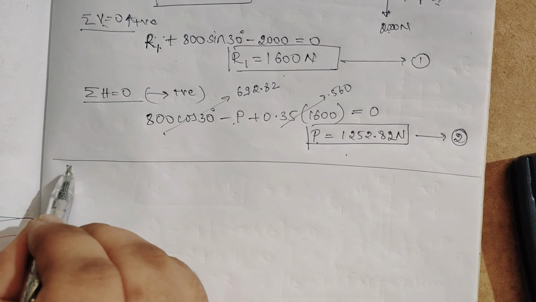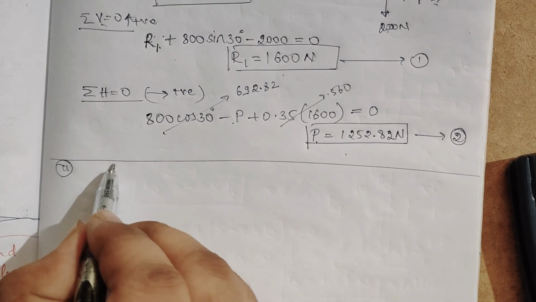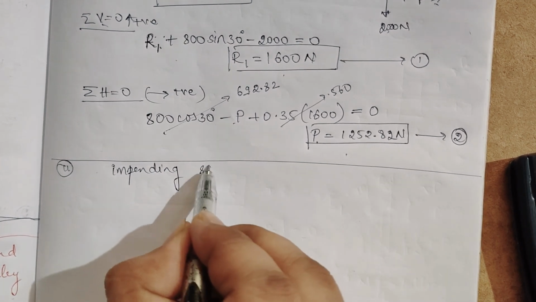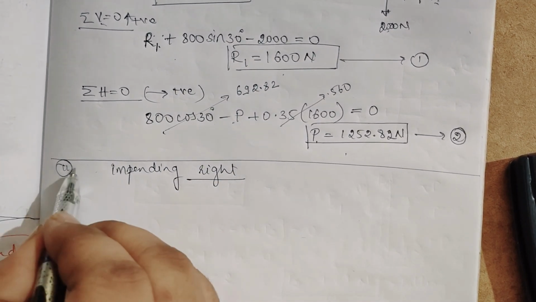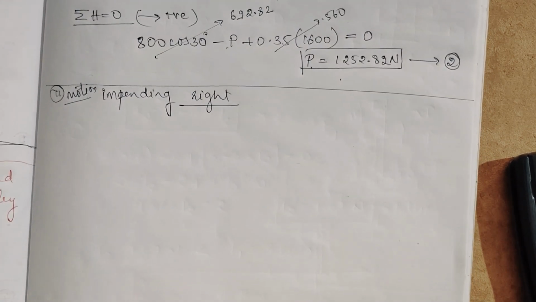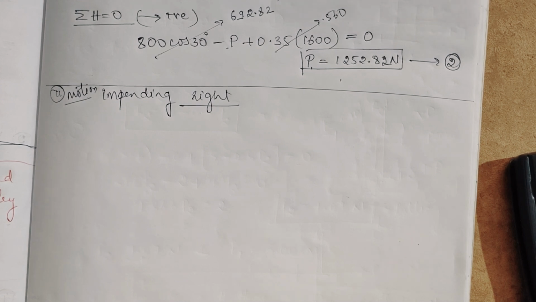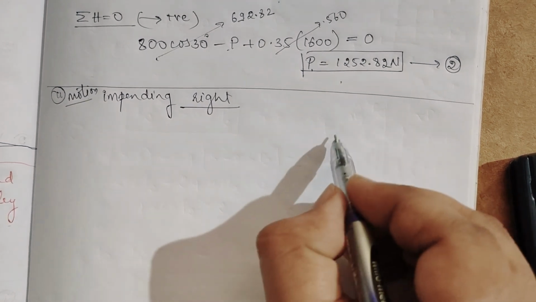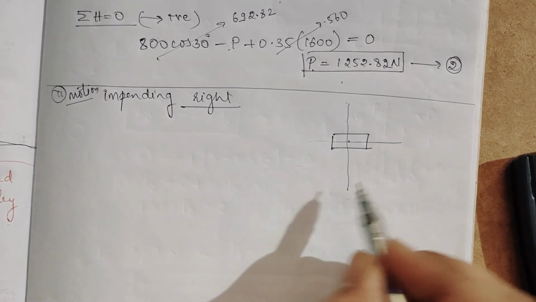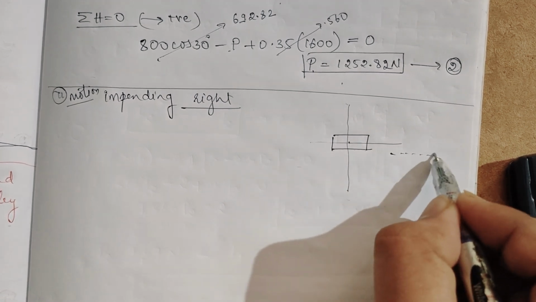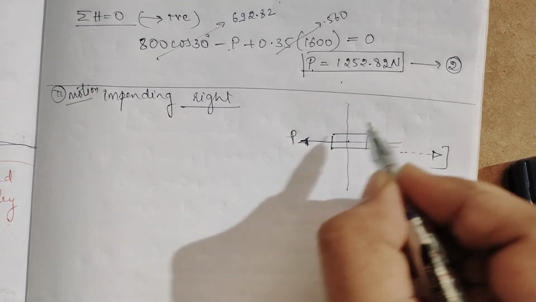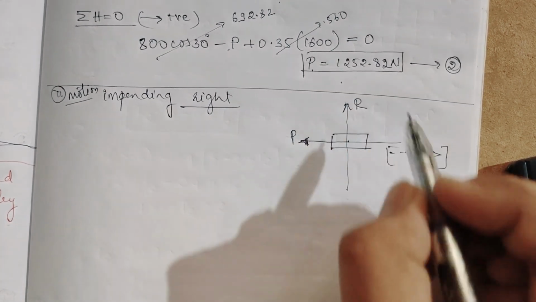Now case 2, when the motion is impending. So now I'll take the same diagram, but the motion is like this. Here the motion will be towards the right, the force P will be like this, so R will be like this.